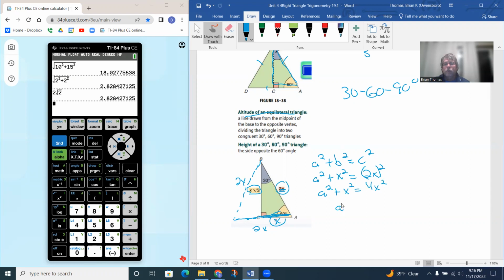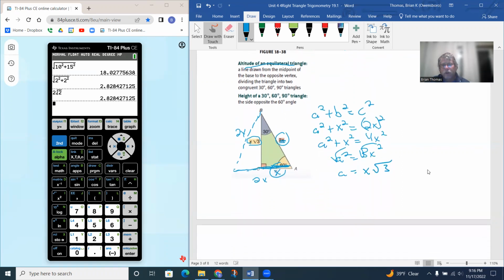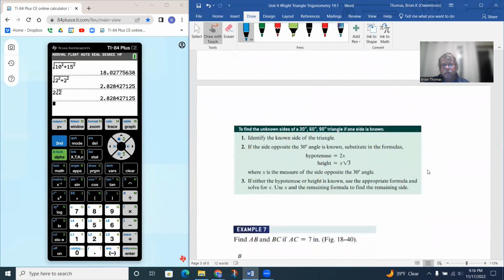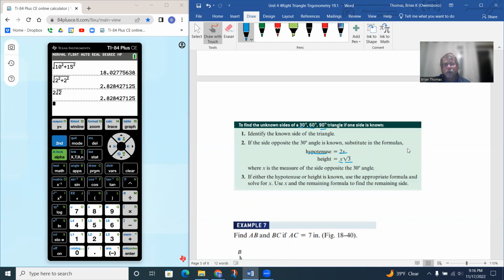So this is going to be a squared is equal to 3x squared. If I take the square root of both sides, a is going to equal, x is going to come out, and the square root of 3 is going to come in. So there's actually a formula that we can use for a 30, 60, 90 degree triangle. In a 30, 60, 90 degree triangle, the hypotenuse is going to be twice the short leg. And the height is going to be the short leg times the square root of 3. So all this revolves around knowing what the short leg is.